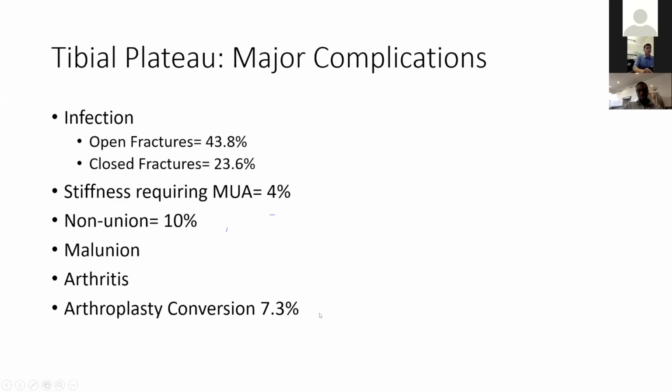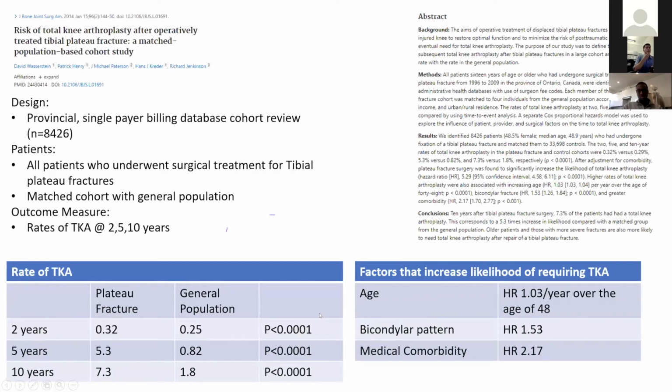If you look at the literature, this is a paper also out of Toronto that looked at, we have this database where every single person gets loaded into, whether you got treatment anywhere else in the province, you're all in the same database. So it's good follow-up in that we took all the people who had their tibial plateaus fixed and we followed them for 10 years. And it doesn't matter where they got their surgery, if it was in like Timbuktu versus in Toronto, we would know whether they got a total knee.